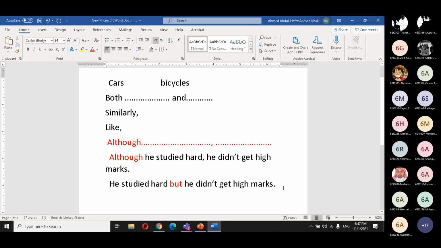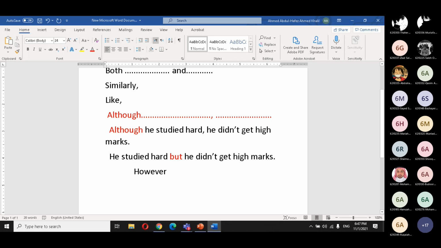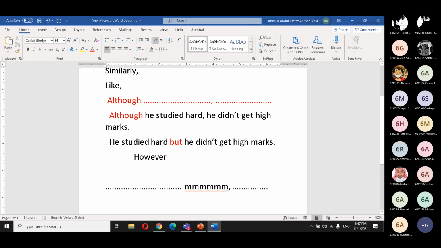Also, there is one more I want you to learn how to use: however. However means and yet, despite this. How do I use however? You write the first sentence and put a full stop, then write however, then a comma, and then put the second sentence. Pay attention, because we are supposed to write precisely now. Although can come in the middle, but usually it's at the beginning of a sentence.